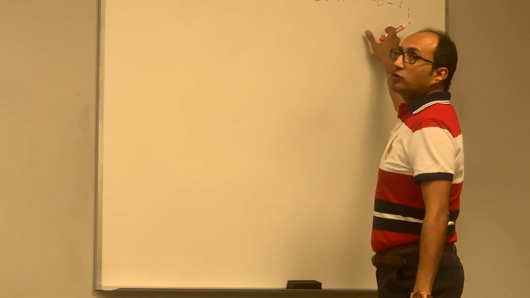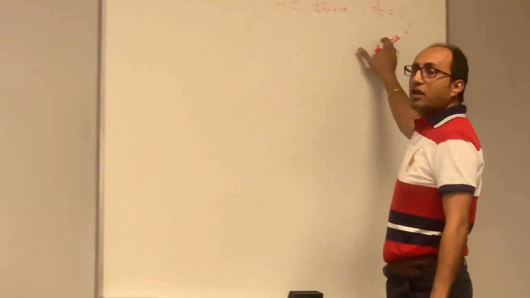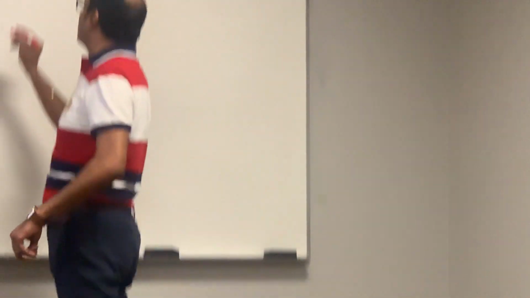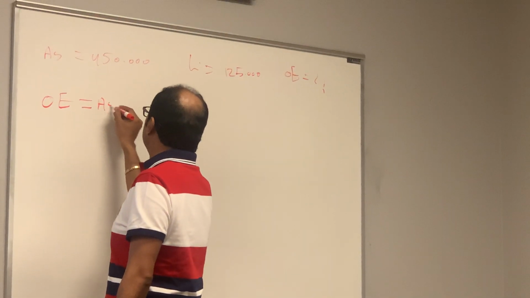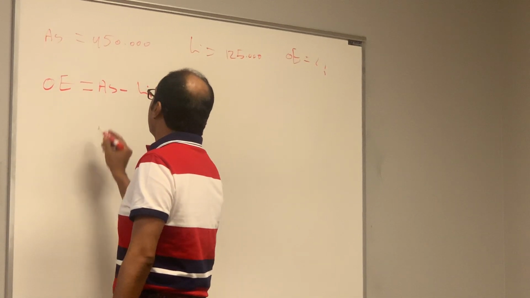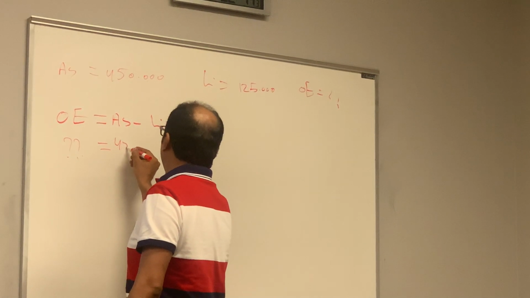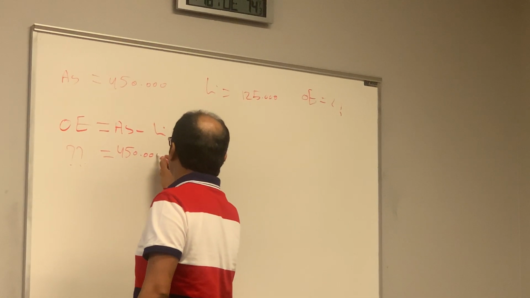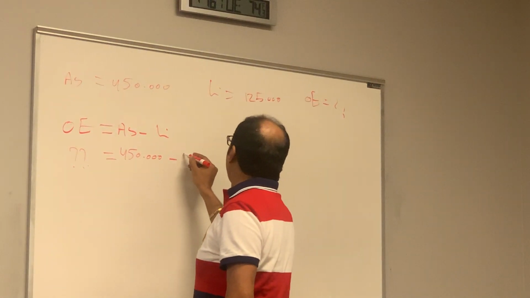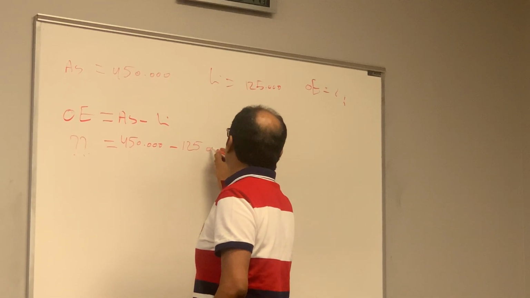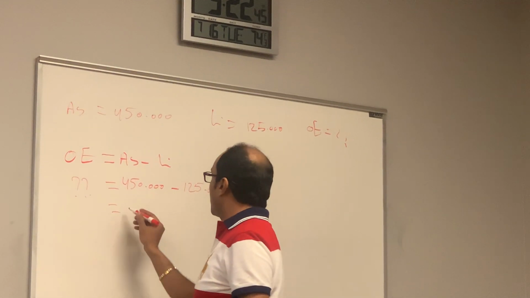So when we want to figure out owner equity, we follow the accounting equation. Owner equity equals assets minus liabilities. So owner equity is missing; assets $450,000 minus the liabilities $125,000. Who can count? $325,000.